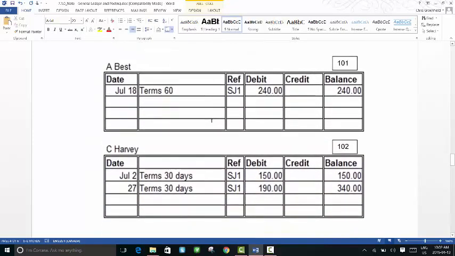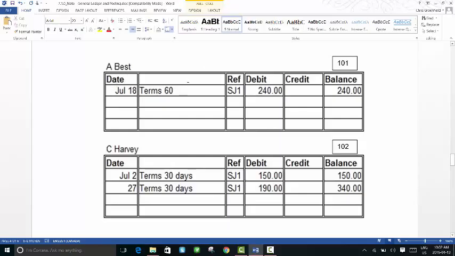Now, this is a ledger card that looks very similar to the ones we will be using. And so here we have our account names. So these are accounts receivable or payable because they're people names, but it could be bank account, it could be supplies. We have the account number in the top right-hand corner.